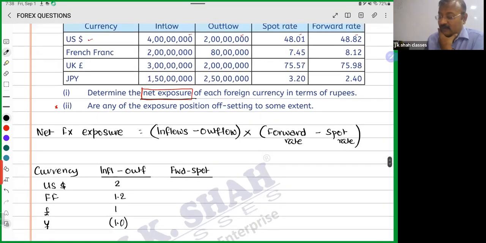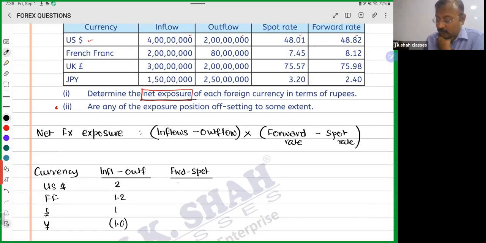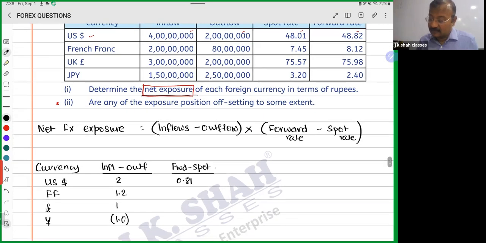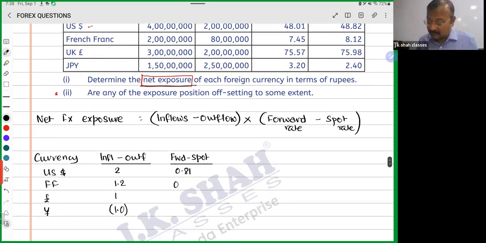Now forward minus spot will be 0.81. This will be 0.67, 0.41, and this would be negative 0.8.